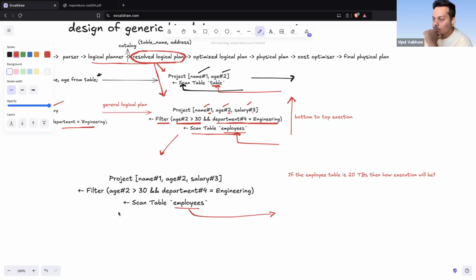We are saying that we have to do the scan first because it's a bottom to top execution. So firstly, you'll have to load all 20 terabytes. You have to scan it, go through all 20 terabytes of files, and then you can apply the filter. Doesn't seem efficient. Yes, no, in chat, did you get the problem? Because we are scanning here, we have to read everything. It is a problem, right?